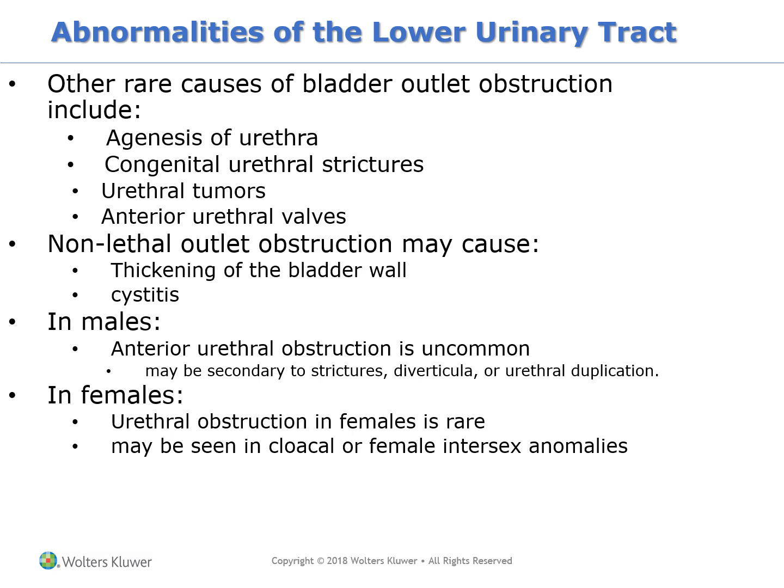So this may not completely obstruct, but it's going to reduce the flow that's able to pass out through the bladder. Then we could have urethral tumors where this isn't so much congenital, but a tumor could grow in that urethra and obstruct. And then we have anterior urethral valves, similar to the posterior urethral valves, but not in the same location and not only affecting males.